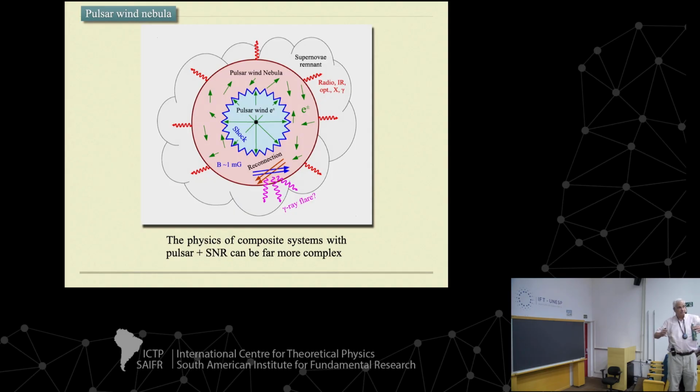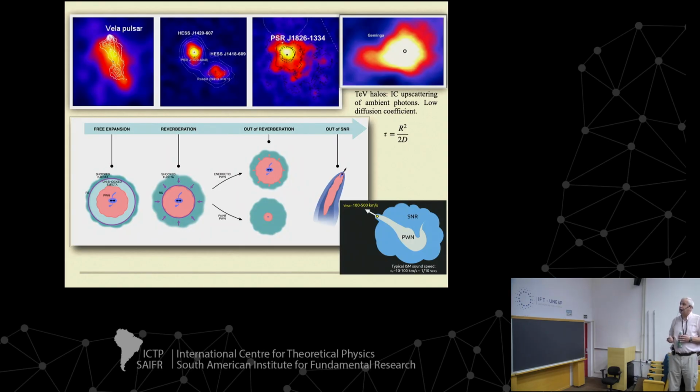There is an inner region that is unshocked, but at some distance the turbulence and the shock produce magnetic reconnection, and if you are here, magnetic reconnection can direct a beam of synchrotron radiation in your direction, and this is the flare you have observed in gamma rays. So this was quite a surprise when it appeared, and it has been observed many times since then.